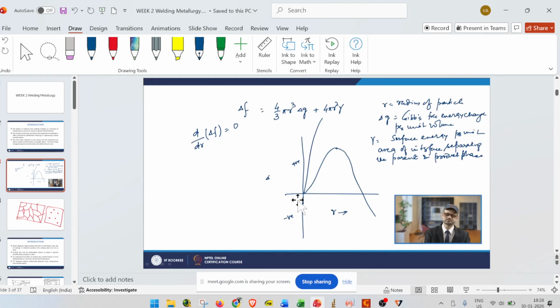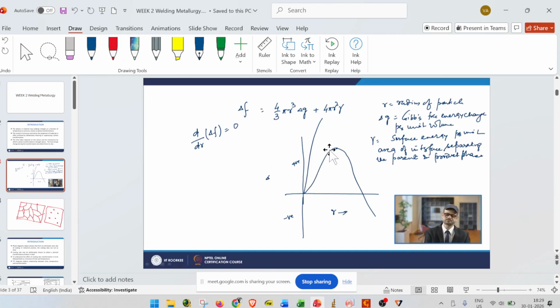Okay, so if it is below this radius, suppose the particle radius is, assume, 1 micrometer, and the nucleus reaches 0.5 micrometer or 0.7 micrometer or like that, there is a high probability it will dissolve again into the liquid state, because the Gibbs free energy is lower on this side, the radius-reducing side.